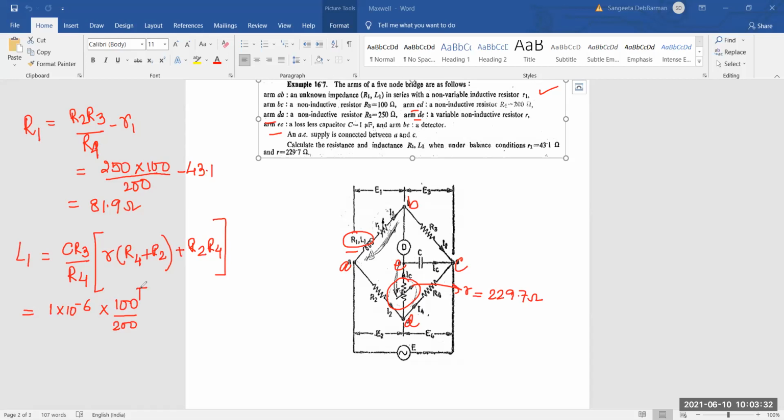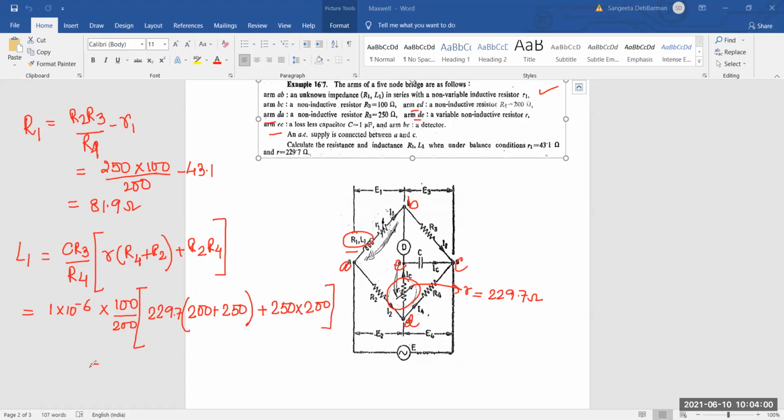And in the bracket you will write my r is 229.7, and R4 is 200. My R2 is 250, and R2 is again 250. You write here, multiply by R4. R4 is 200. So kindly do the calculation and tell me the answer, please.